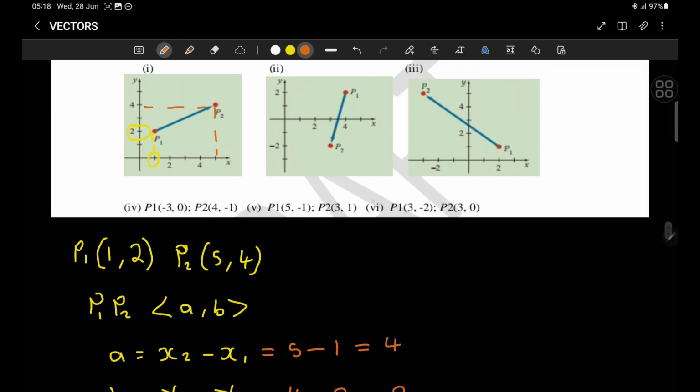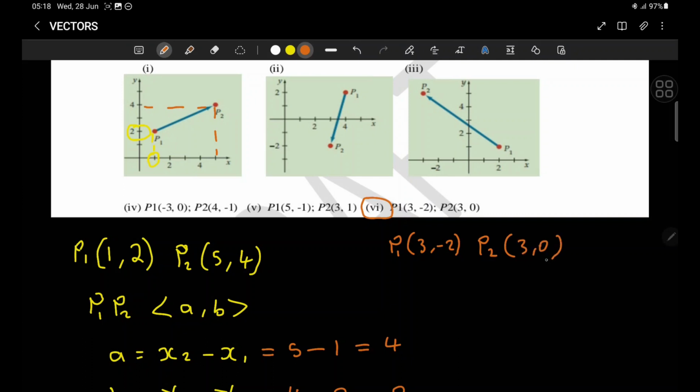Let's pick 6. With 6, the coordinates are already given. That's p1 is (3, -2), and p2 is (3, 0).